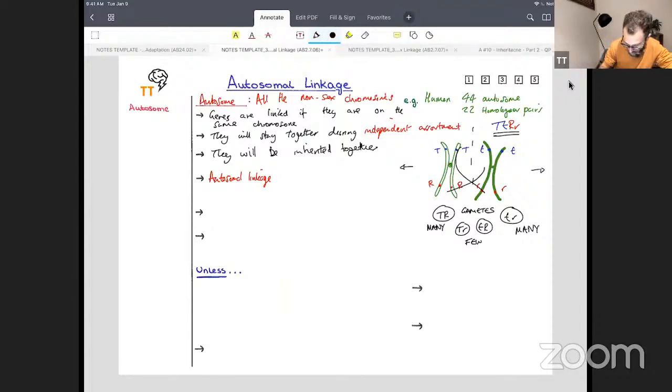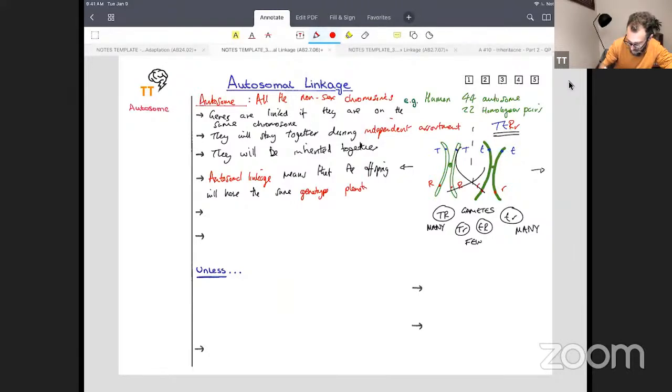It's going to mean that the offspring will have the same genotype and phenotype.